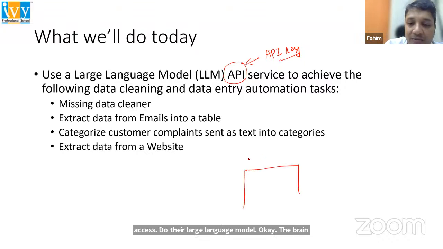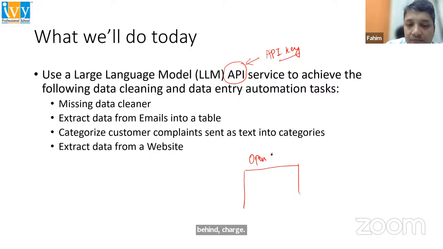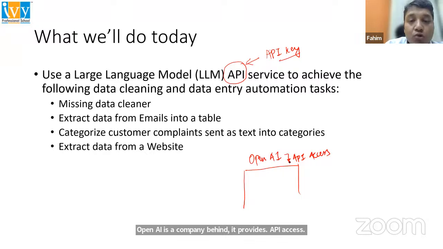OpenAI is the company behind ChatGPT, and it provides access to its LLMs through APIs.